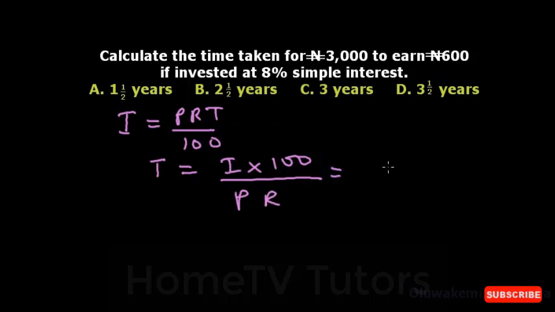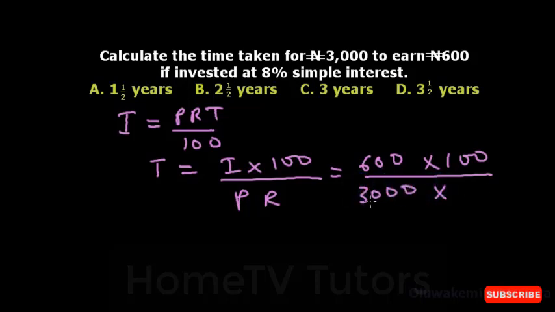The I, the interest we are already given, is 600 times 100 to be divided by P, the principal amount, which is 3,000 naira, times the rate, 8% interest.